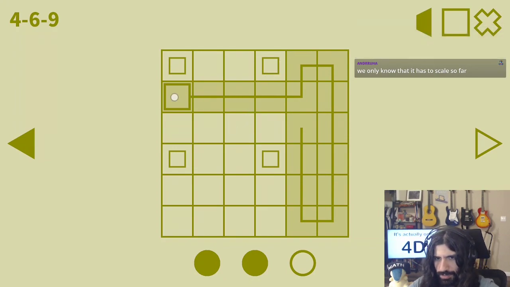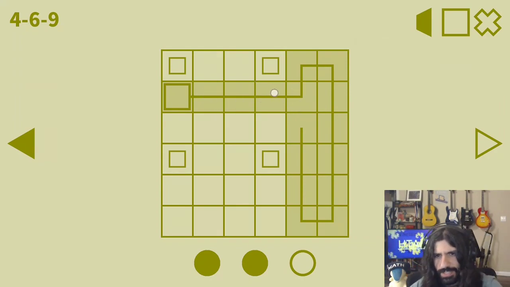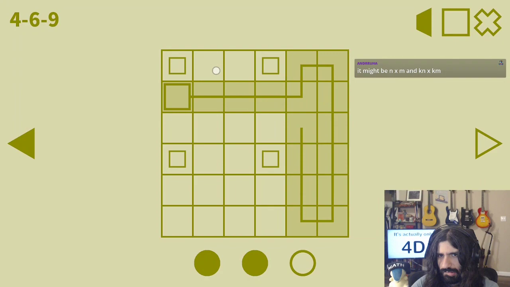The dimensions are doubled. That makes more sense. But that means that no dimension can be 4, and these things are separated by 4. So, how do we manage that?